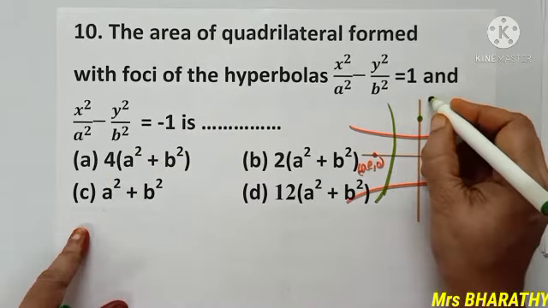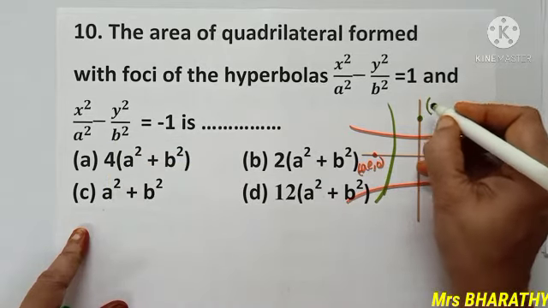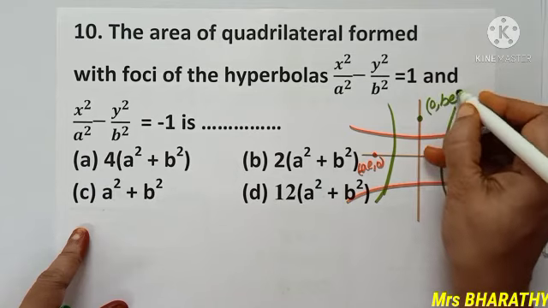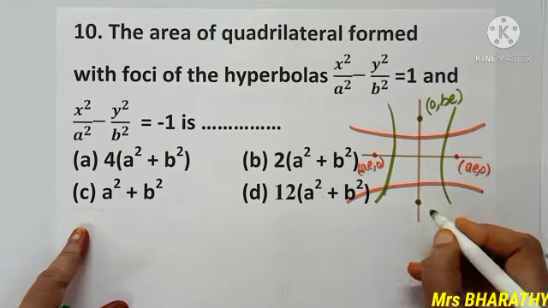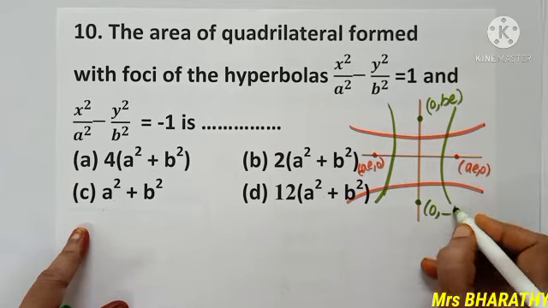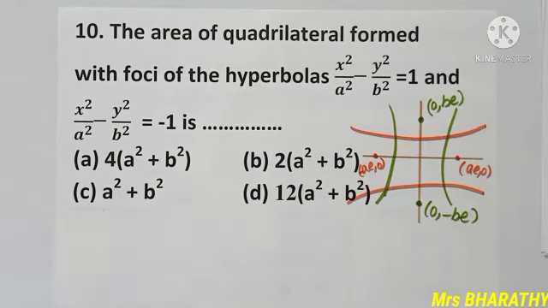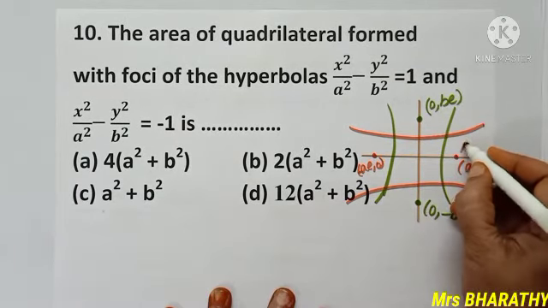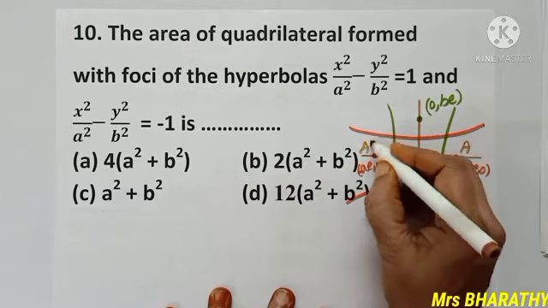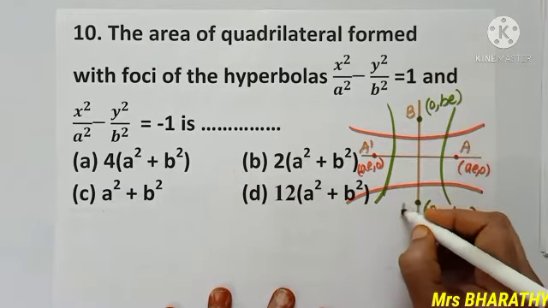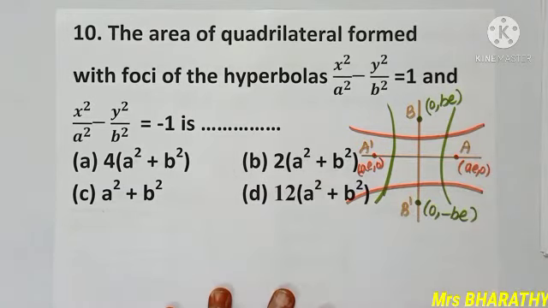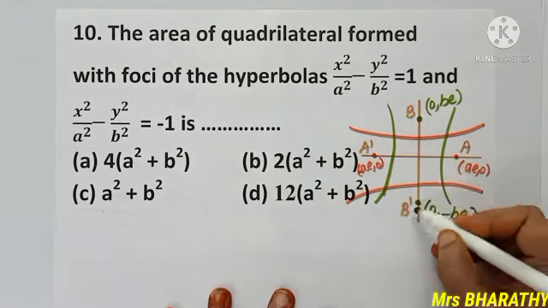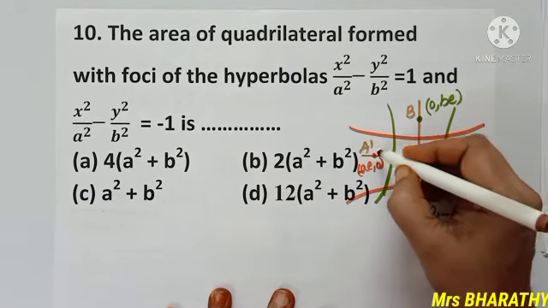So I have (0, be), the other one (0, minus be). We are just joining all the 4 foci. So say this is A dash, B dash. When I join, it will look like a quadrilateral.